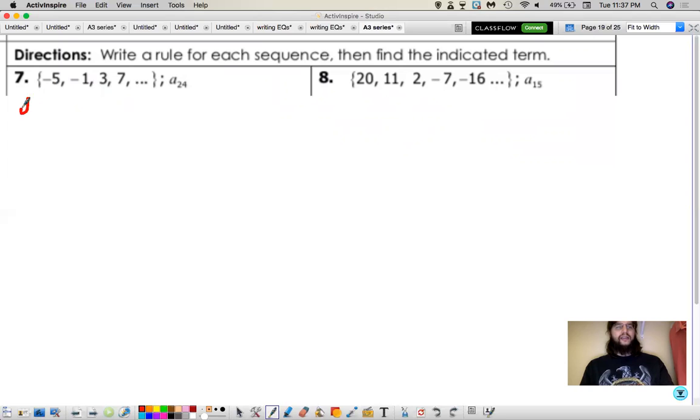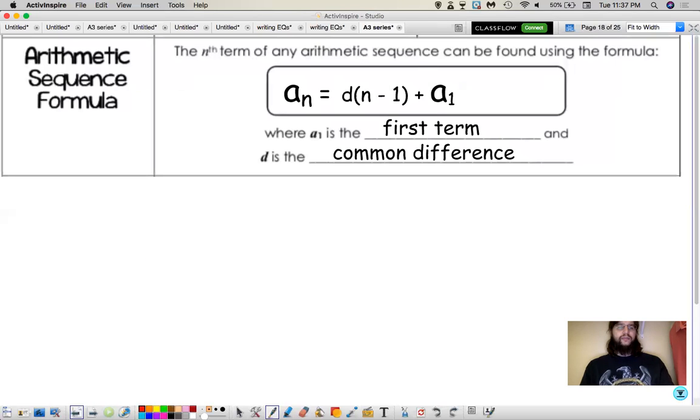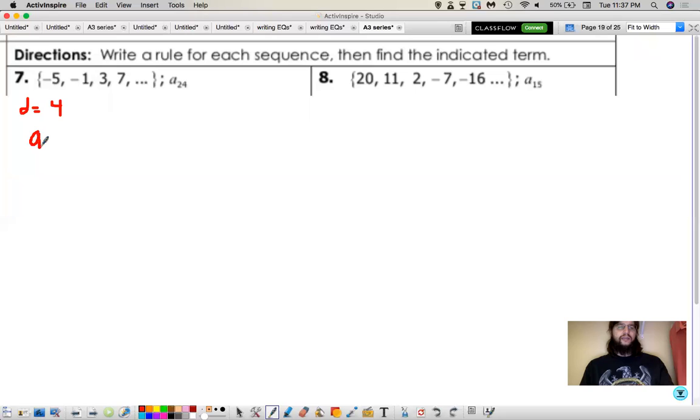So I know that d is 4, according to this formula, a should equal 4 times n minus 1 minus 5. So if I plug in 1, that would just be negative 5. If I plug in 2, that would be 4 minus 5, which is negative 1. So yes, this works.